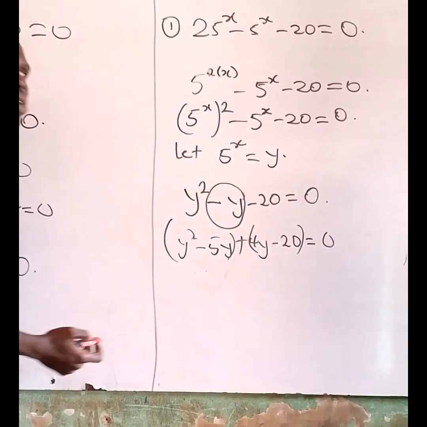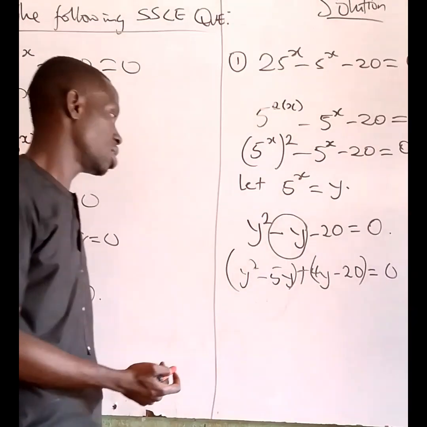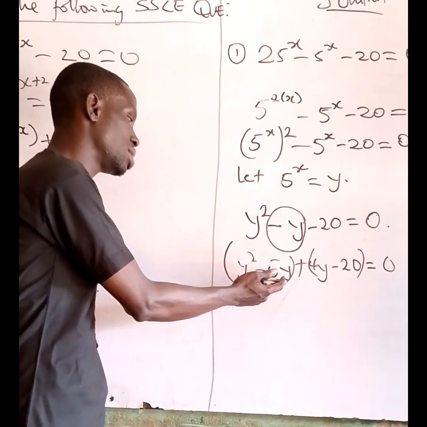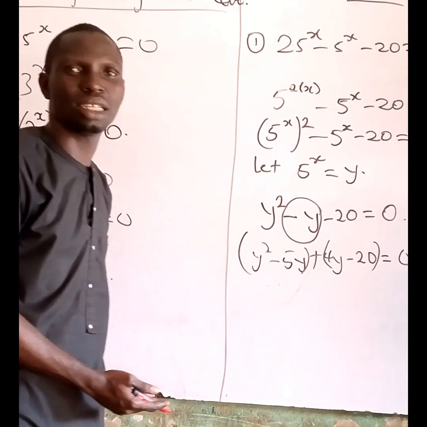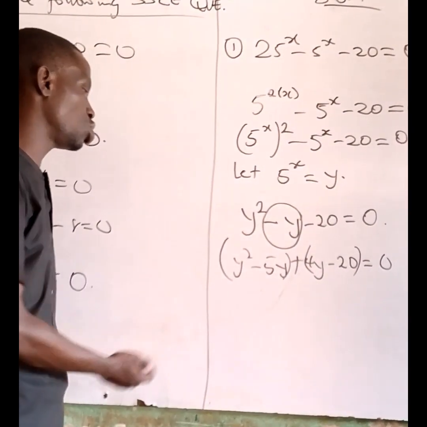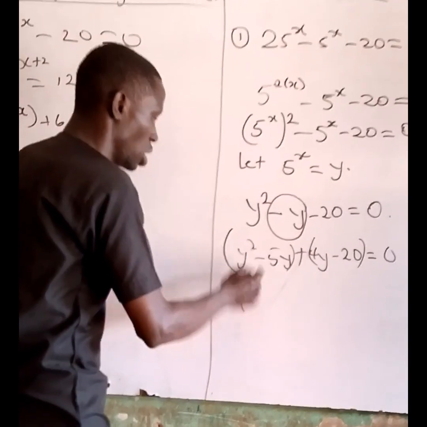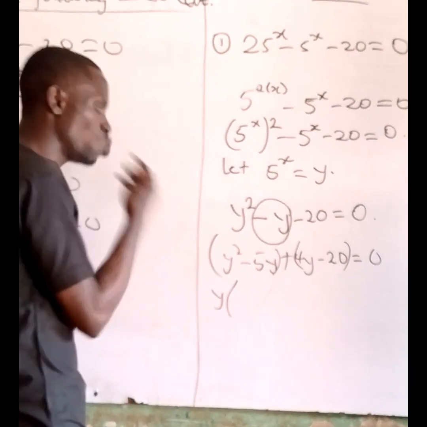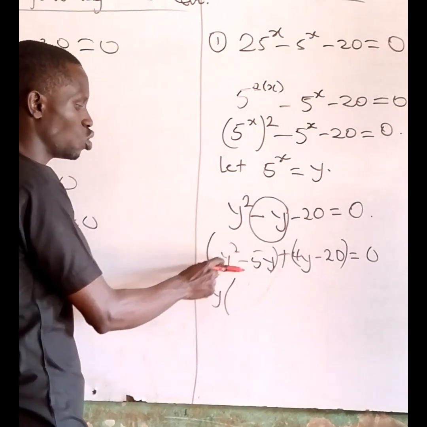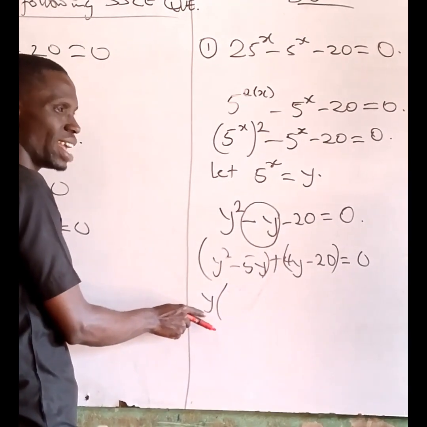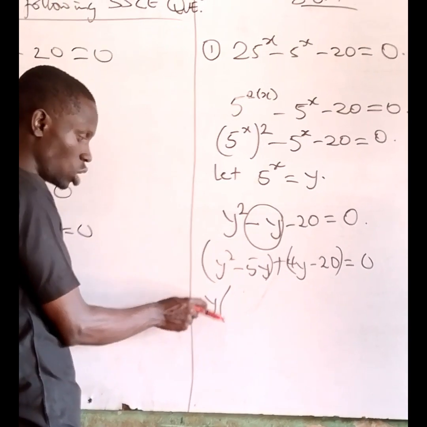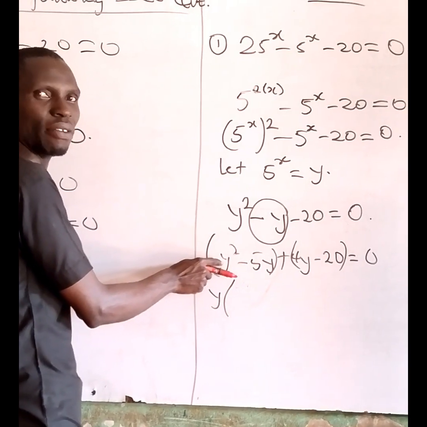Now what do we mean by factorization? Factorization is just that you look at the two terms and find what is common to them. What is common to the two terms? I think that is y. Y is common. This one is y squared, that is y times y. So you use what you have outside the bracket to divide what you have inside.